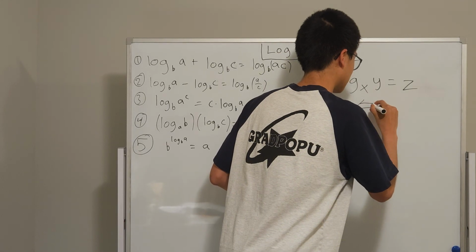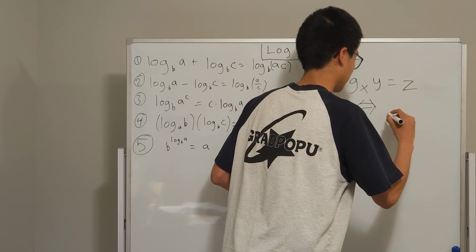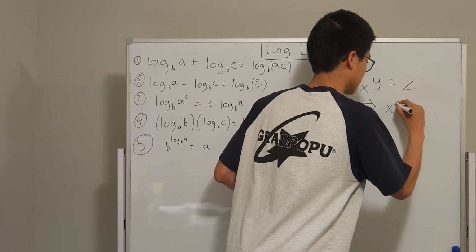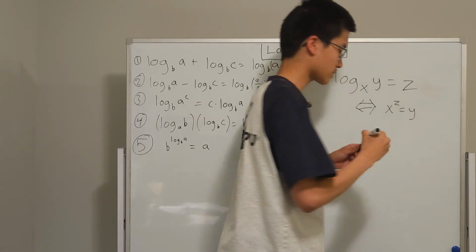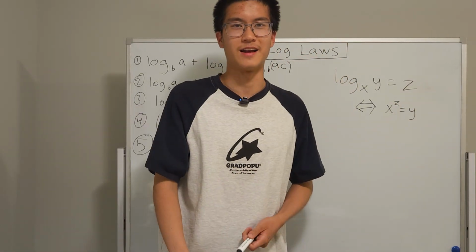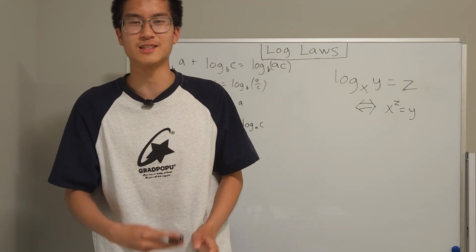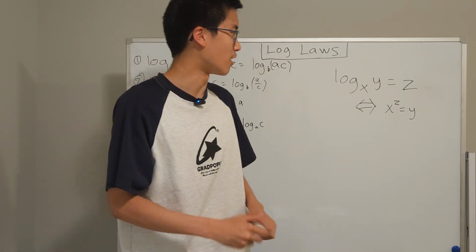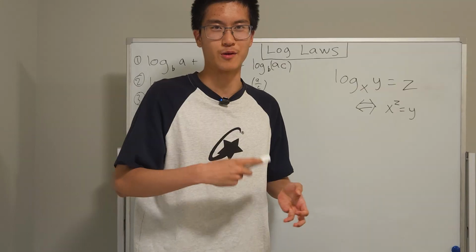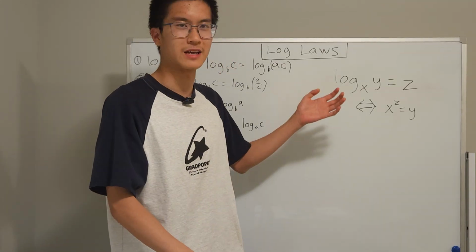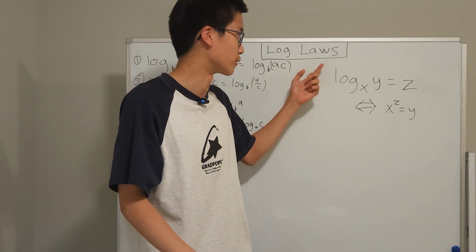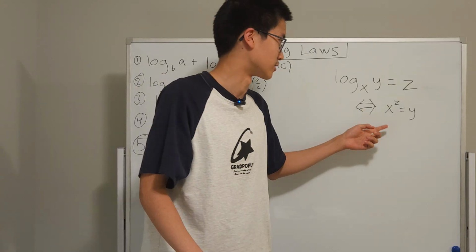I'm going to put this in exponential form: x to the z equals y. You'll realize that in contest problems or test problems, it'll often be helpful to switch between logarithmic form and exponential form.